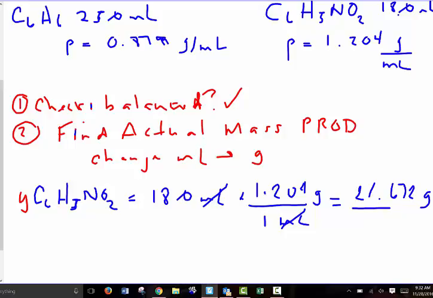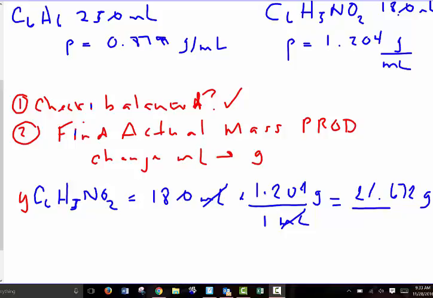Okay, the next step is I need to figure out how much product I should have made if I started off with 25 mils of benzene. Now, I'm going to break this into 2 steps. I could start with a volume of benzene and convert into grams of benzene. Then I could cross the molar bridge over to my product and then change over to grams of product. That's fine. You could do it that way.